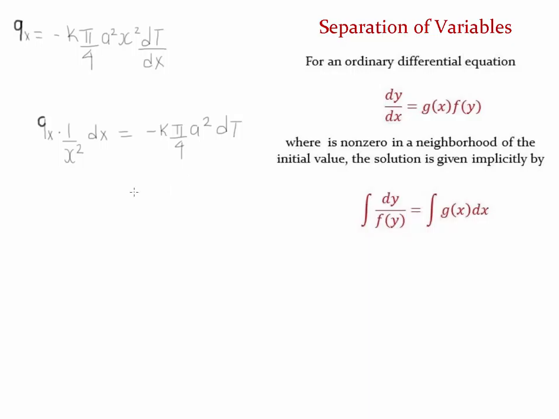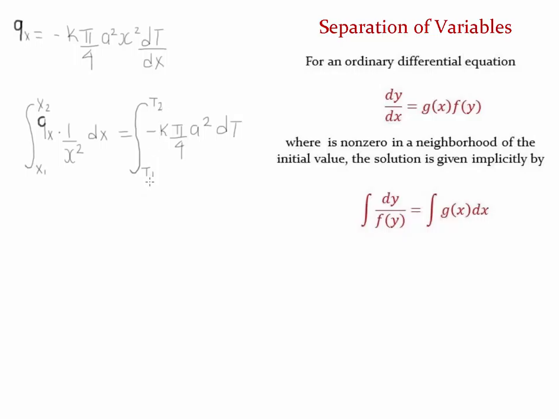Once we have separated the variables, then we're going to integrate. We're going to integrate from x1 to position x2, and on the other side we're going to integrate T1 to T2.